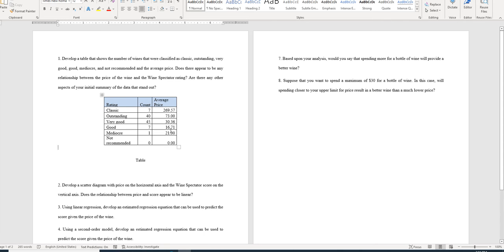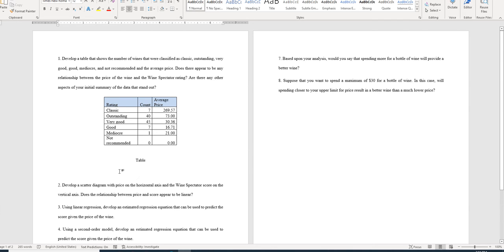When we see the price, other than one area, most of the time the price of wine increases when the rating is improving. So we simply say that there is a positive relationship between rating and average price. If you want a better rated wine, you will be spending more money on it. So we try to describe it here.